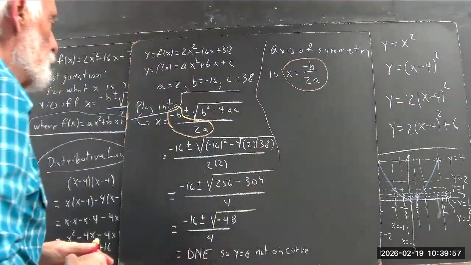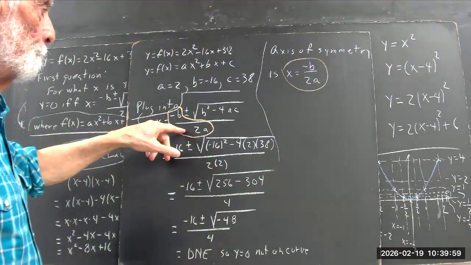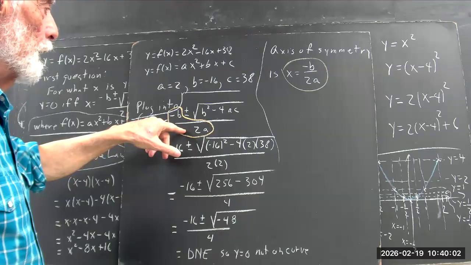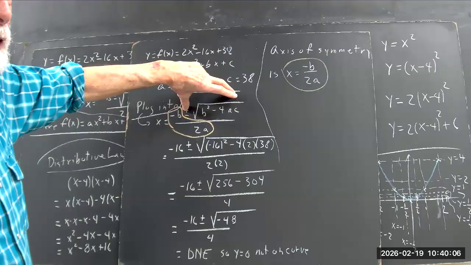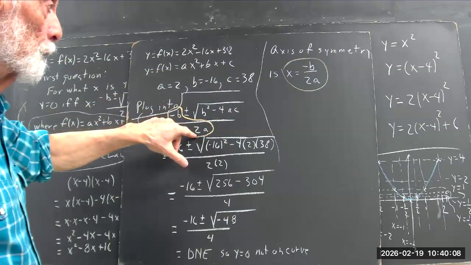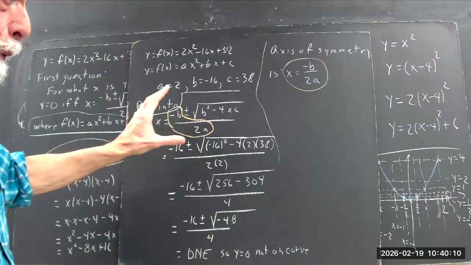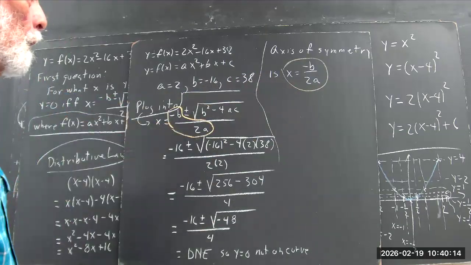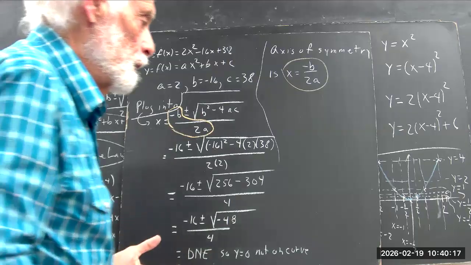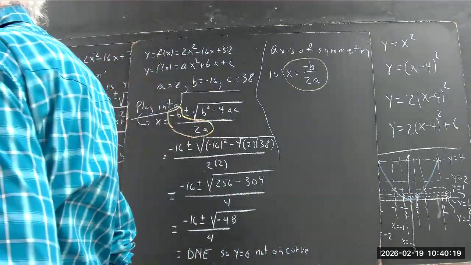It's the part of the quadratic formula we get if we just ignore that square root. Just get rid of the square root, we get negative b over 2a. So whether or not you understand what I said before, that's the formula for the axis of symmetry. Now, what do we mean by the axis of symmetry?